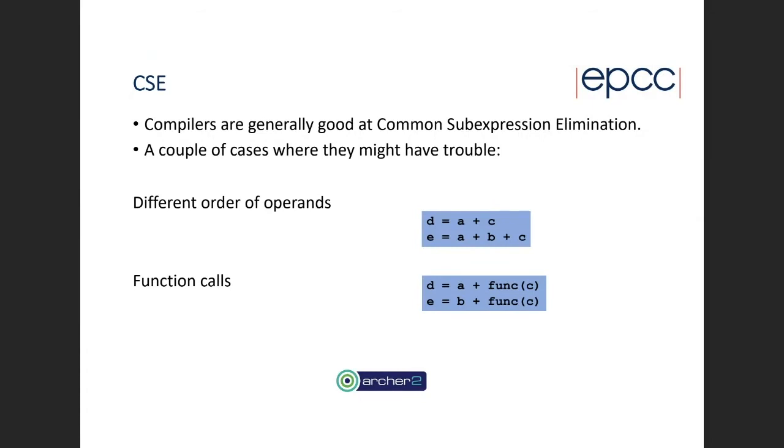Things where they have trouble: if the order of operands is different, and if this is floating point, then depending on the level of optimization, the compiler may decide that it's not allowed, or it won't compute A plus C once here.